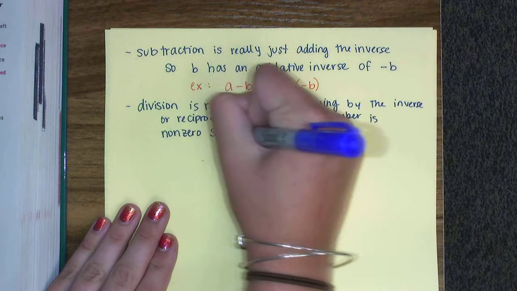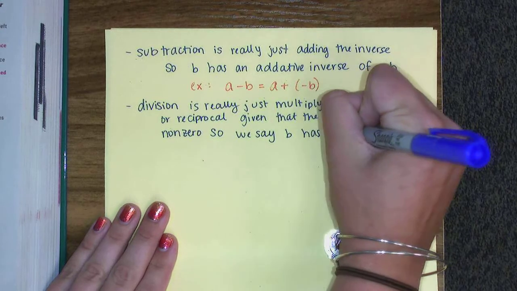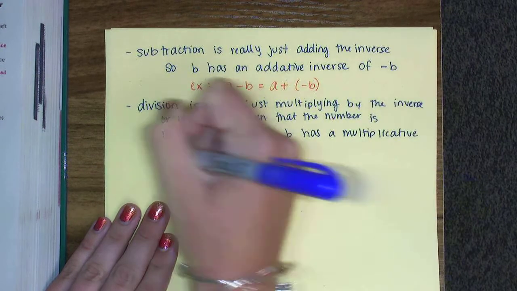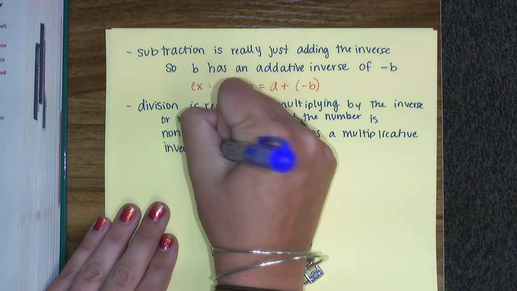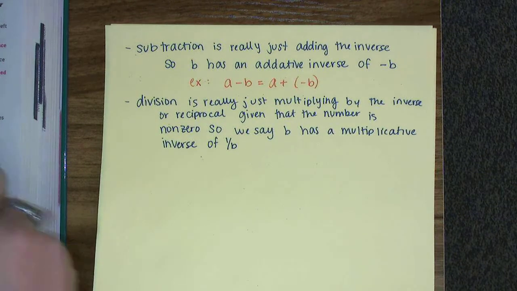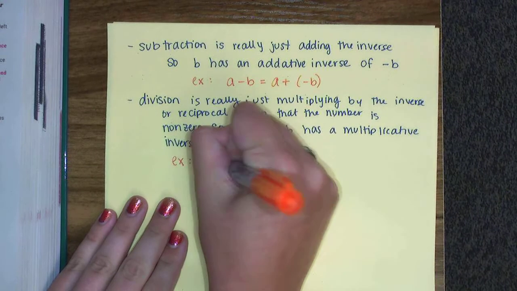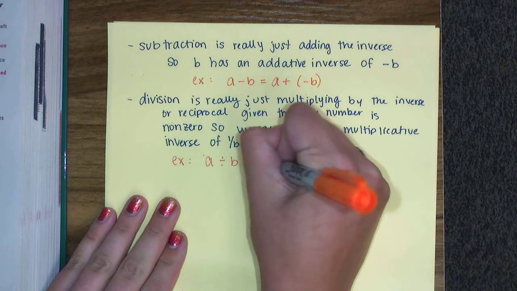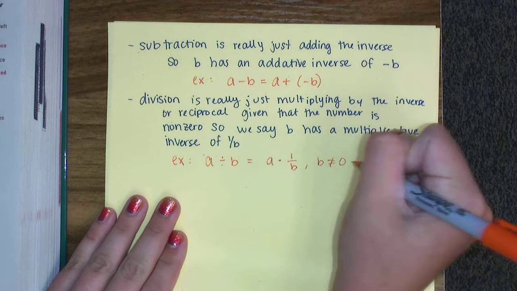So we say B has a multiplicative inverse of 1 over B. So then the example of this, A divided by B is the same thing as A times 1 over B, given that B is not equal to 0.